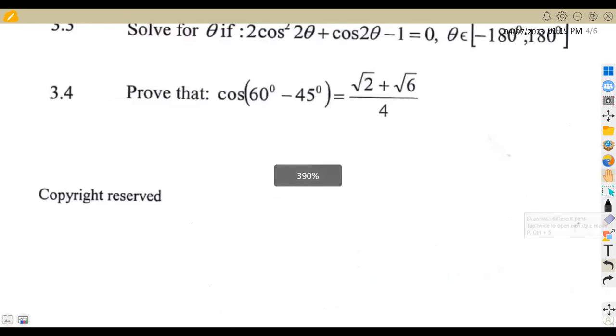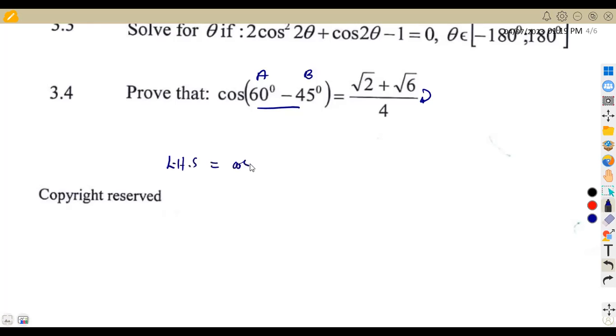All right, 3.4, we are now given to prove that the cos of 60 minus 45 is equivalent to this here. So this is back from your compound angle identities. Taking the left-hand side, from our compound angle we are supposed to have the cos of A times the cos of B plus the sine of A times the sine of B, of which in this case our A is 60 degrees.